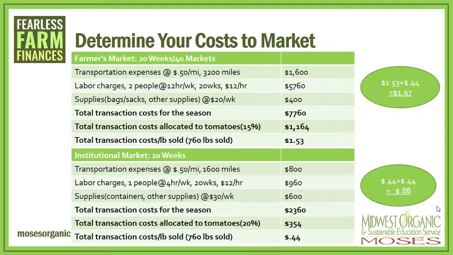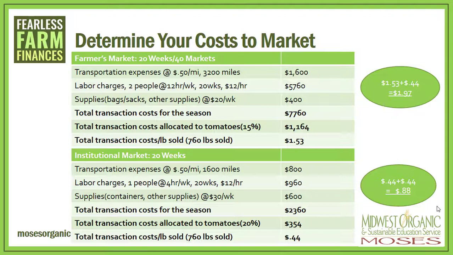And then the total transaction cost per pound, and actually, I'm sorry, that very bottom one, instead of 760 pounds, it should actually be 800 pounds. So, sorry, that is actually a mistake in the slide. So we know that if we divided 354 by 800, we'd get 44 cents.